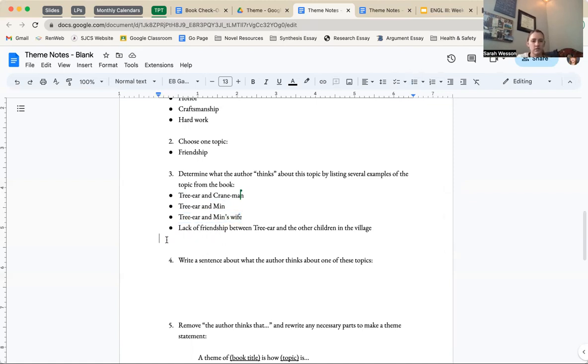So we can say something to the effect of, all of these friendships are true. They're not based on superficialities. They're not fake friends. All of these friendships are true and they are also life-giving for Tree Ear. They all are really good for him.